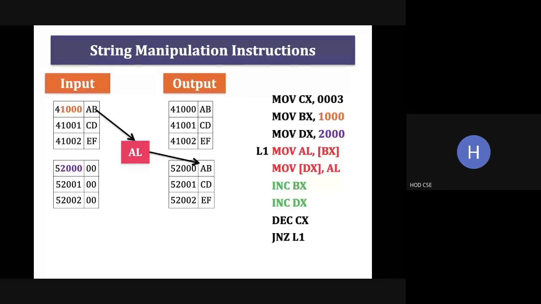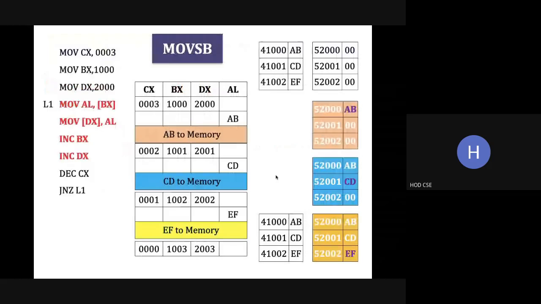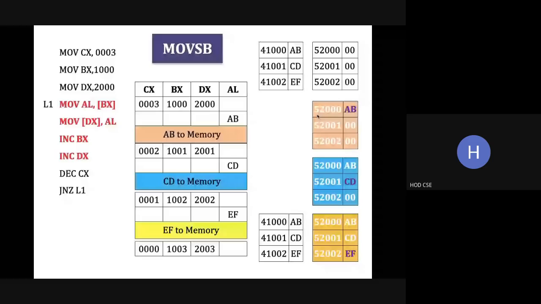Okay, thank you. So decrement CX, and if it is not 0, we repeat this process. Here is the debugging; the same program I have copied here. First, AB is brought to the accumulator AL and transferred to memory. After the execution of this, in 52000 we'll get the data AB.